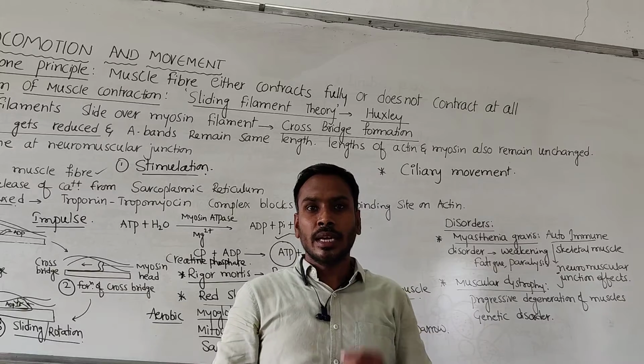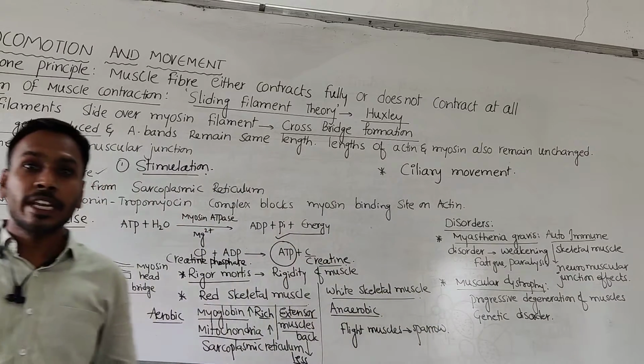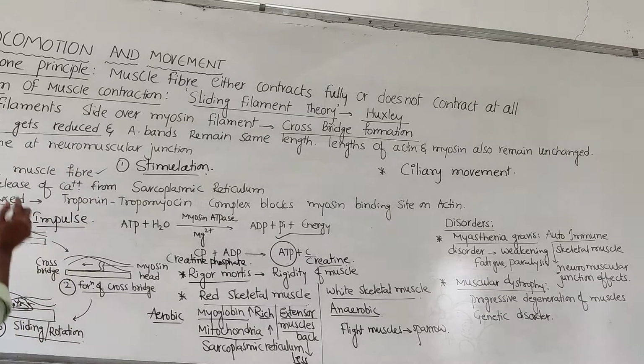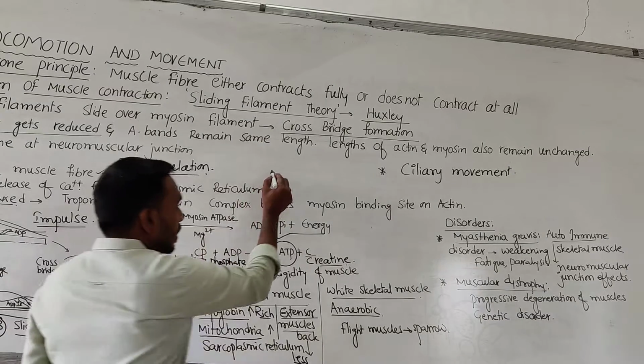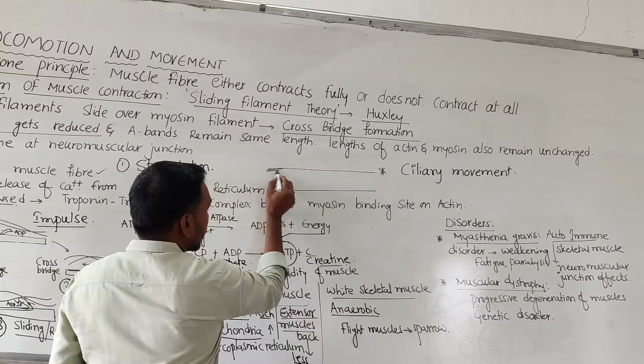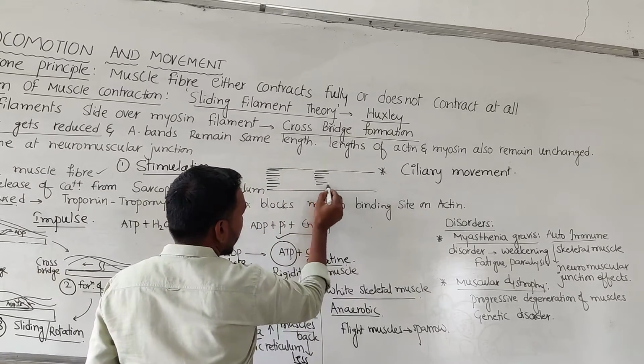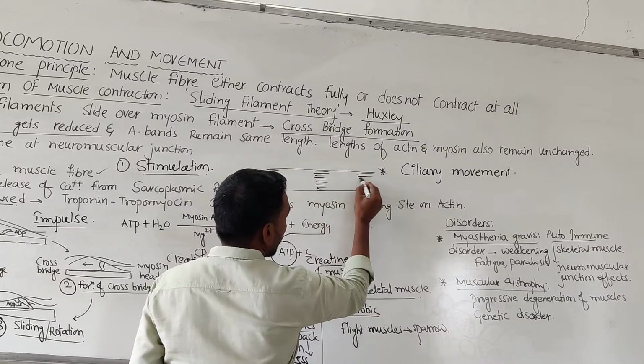And the third important question: in muscle contraction, which one alters in length? Previously they have asked. You see, in the muscle fiber, this is a dark band and light band, dark band and light band, and dark band.